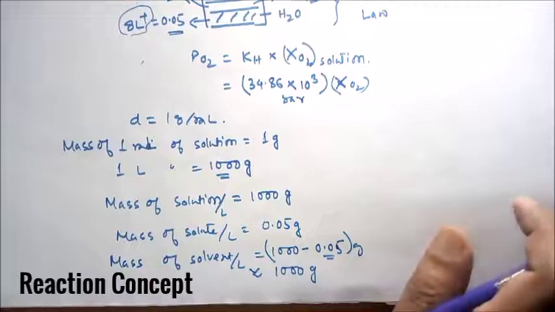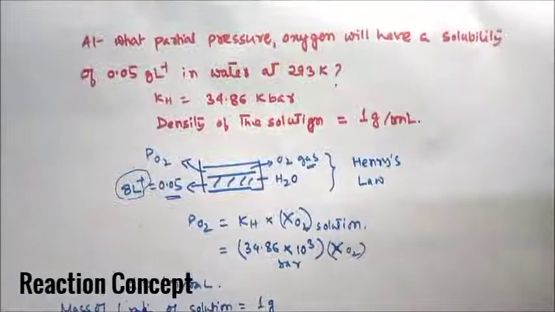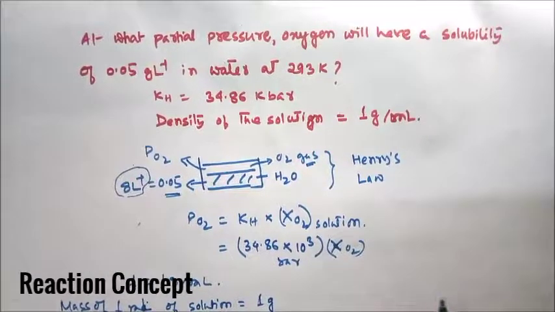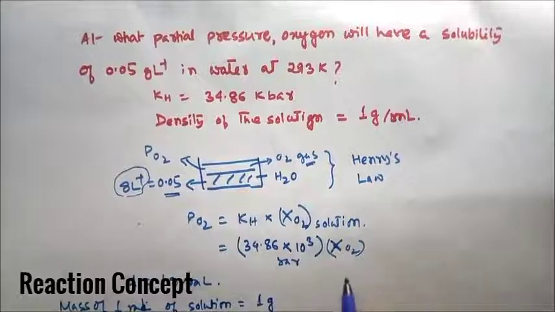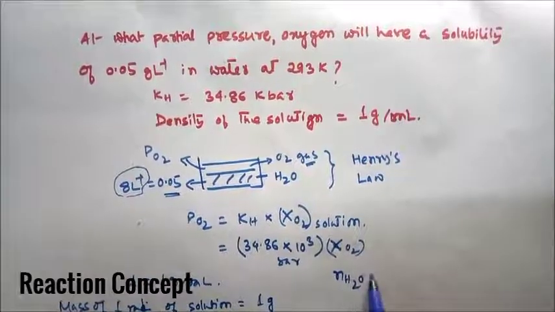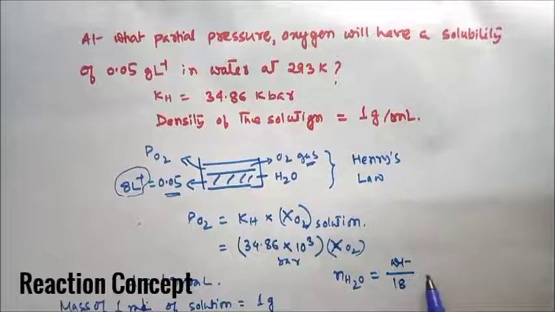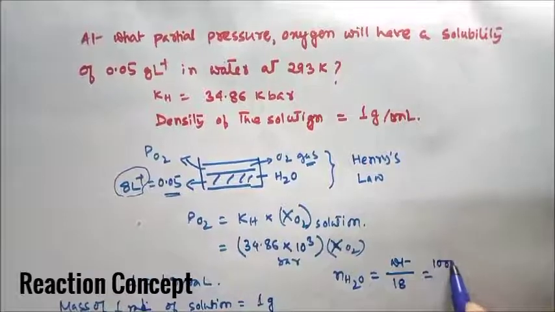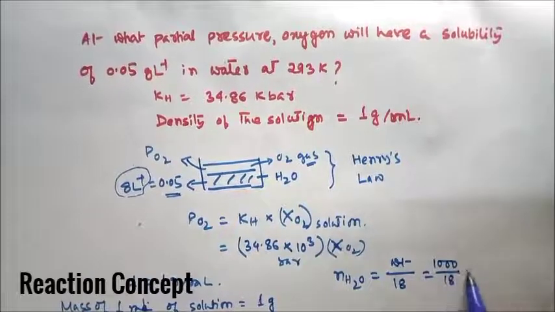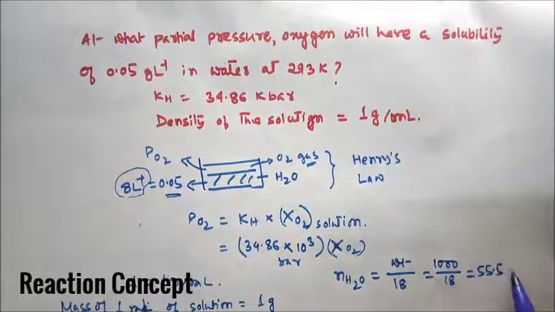Now we'll find out the mole fraction of oxygen in this case. The number of moles of water is the mass of water divided by the molecular mass of water, which is 18. So 1000 gram divided by 18 will be 55.5 moles.